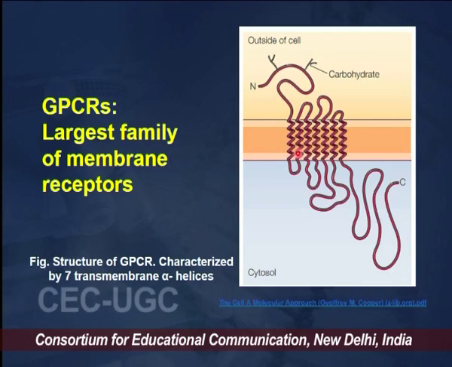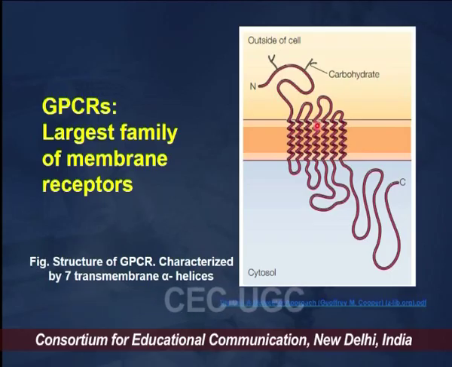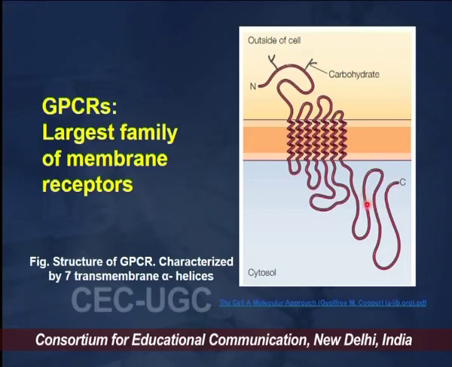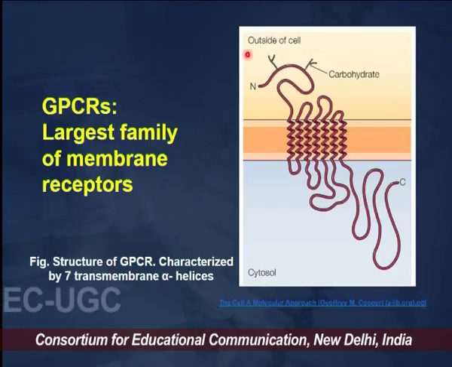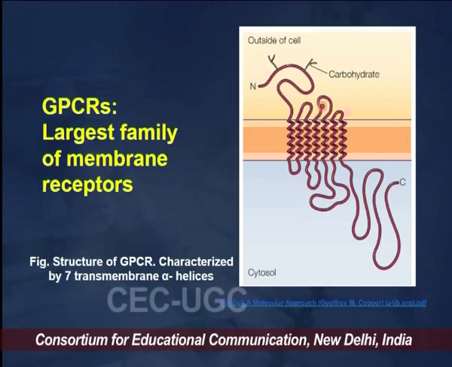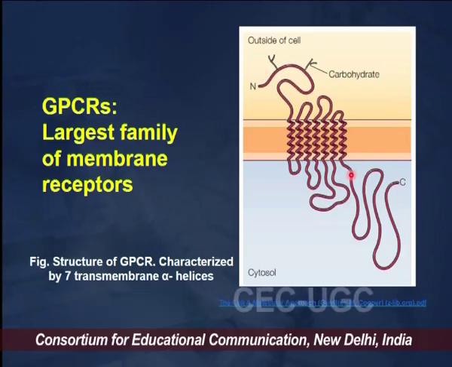Here you can see 7 transmembrane alpha helices present in the lipid bilayer, and then there is the C-terminal domain, which is present towards the cytosol and is also referred to as the intracellular domain. So you can divide this structure into the extracellular domain, the transmembrane domain, and then the intracellular domain of GPCRs.